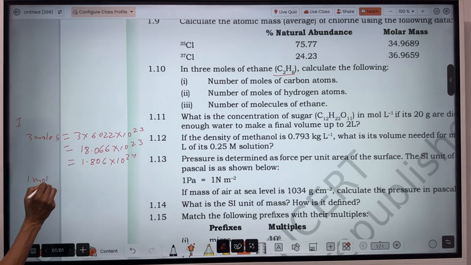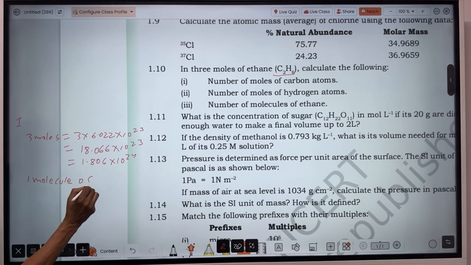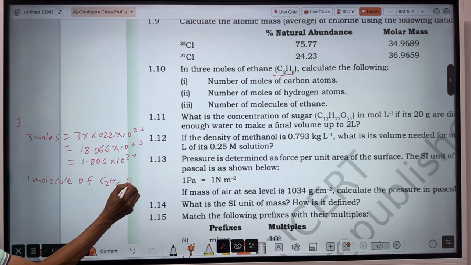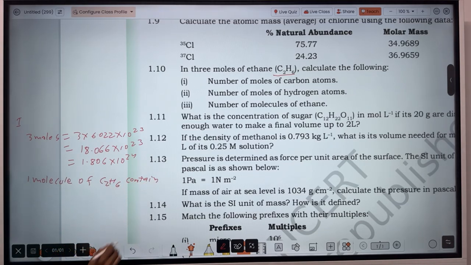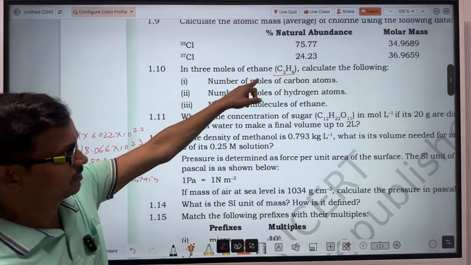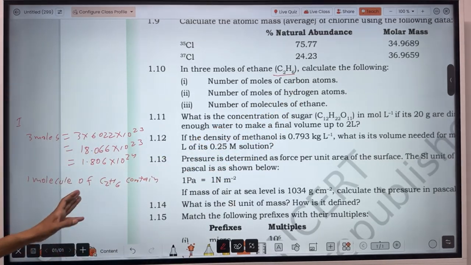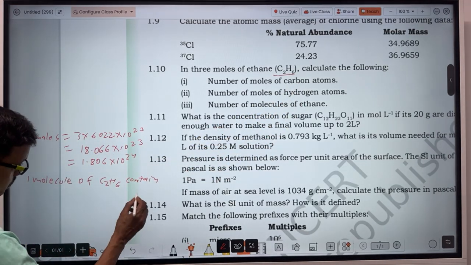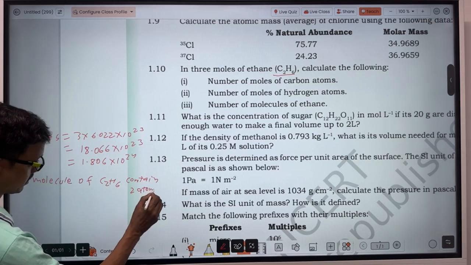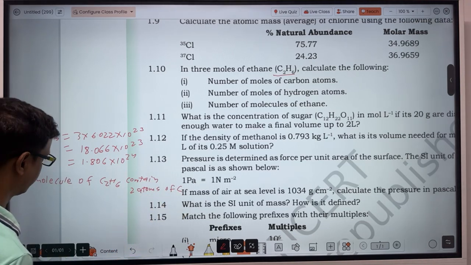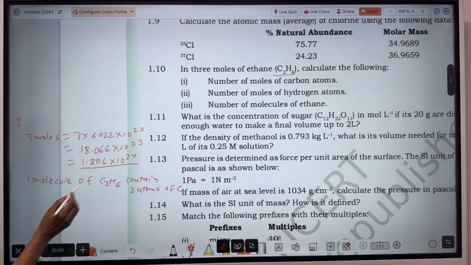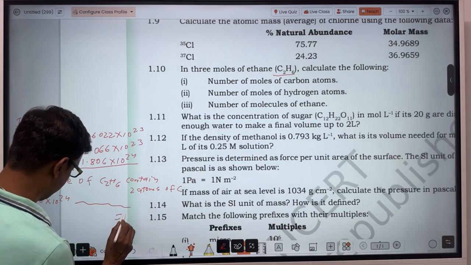One molecule of ethane contains 2 atoms of carbon. So 1.806 into 10 power 24 molecules of ethane will contain how much?